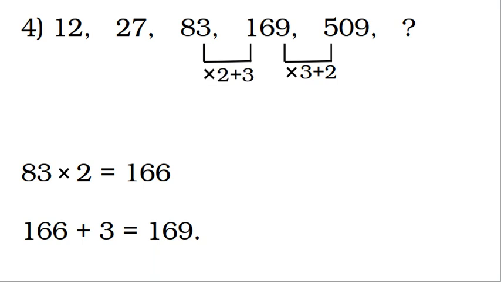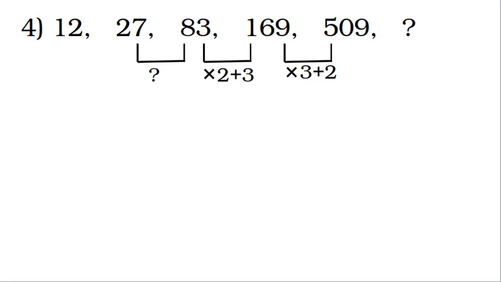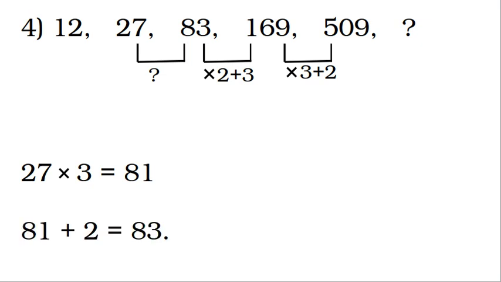Now can we relate 27 and 83 in the same way? 27 into some number should give you a number close to 83. Let us say 27 times 3 is 81. 81 plus 2 is 83.